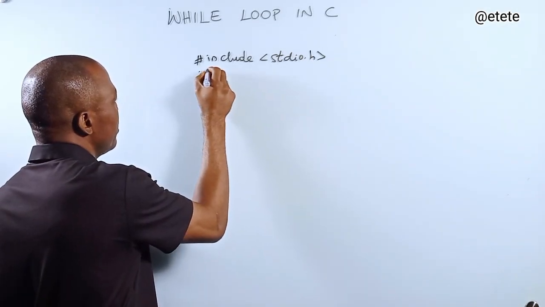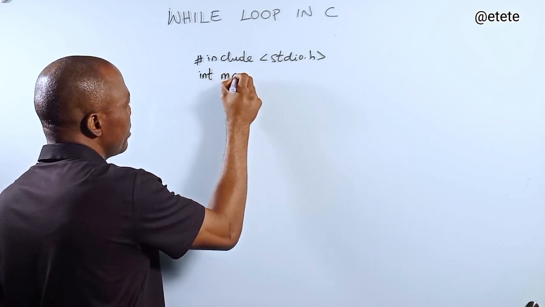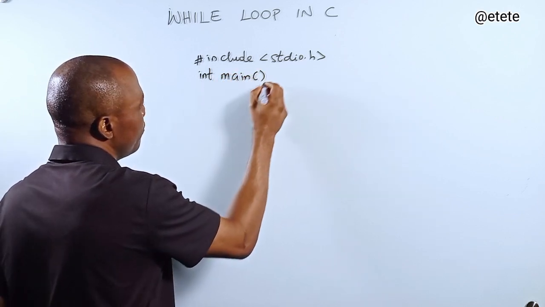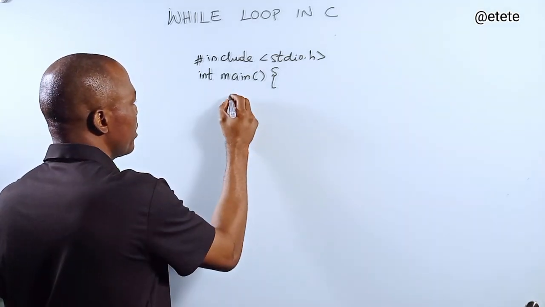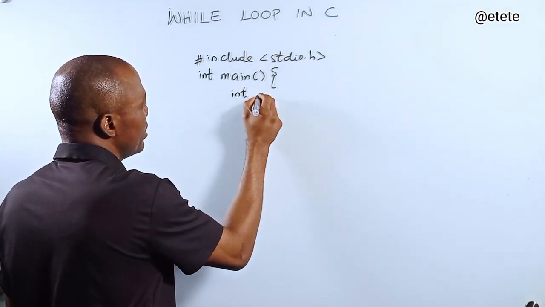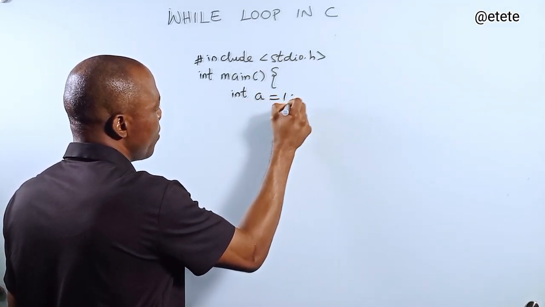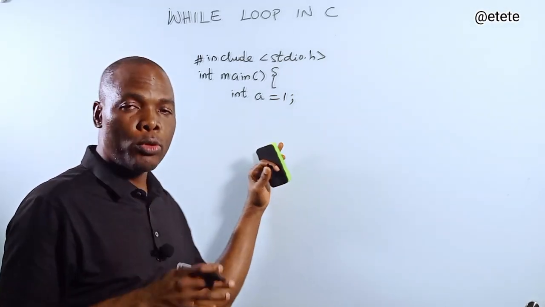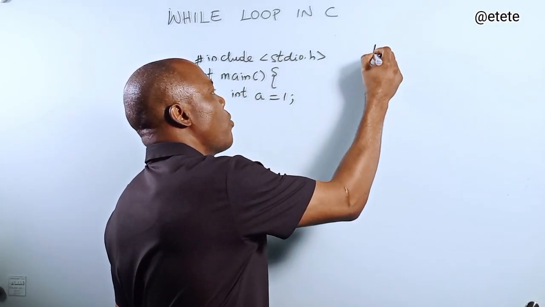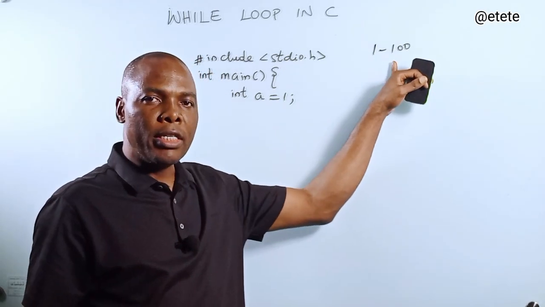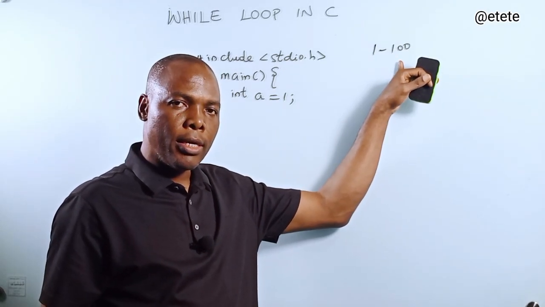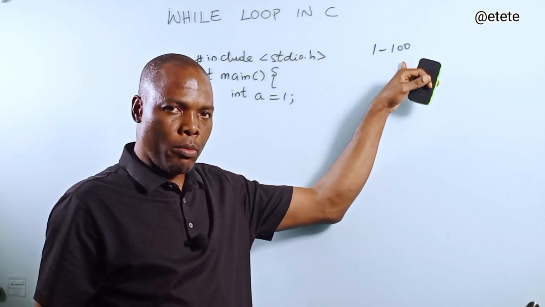Now int main, my main function. Inside it, I will declare a variable a in the integer realm, int a, and I will assign 1 to it. What I want to produce is to write 1 to 100 on the screen. So this is my reality that I want the loop to manifest.